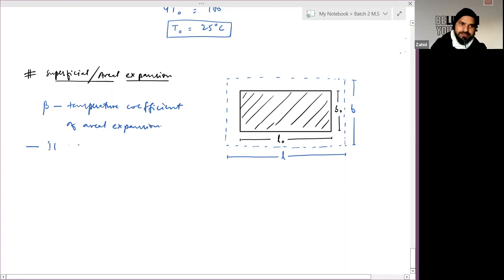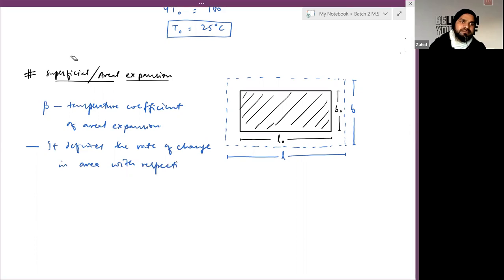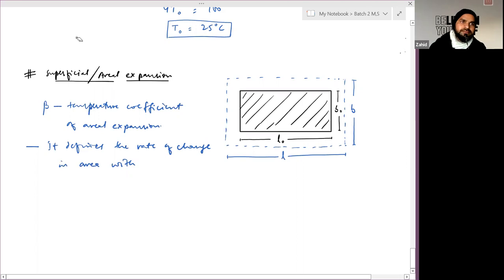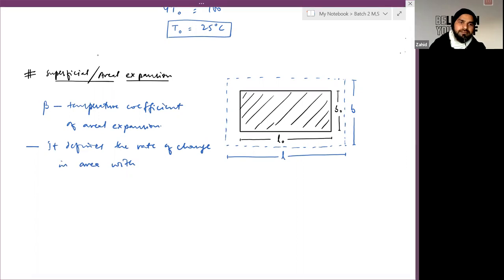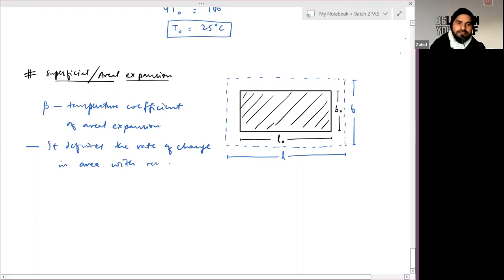So it defines the rate of change in area with respect to change in temperature.